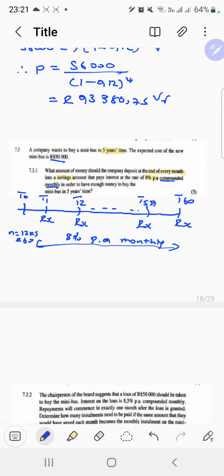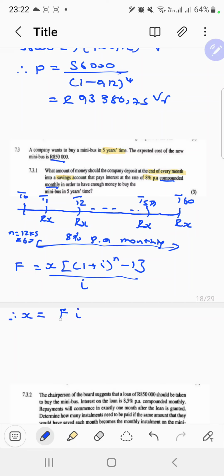So we want to know how much money. We know that the future value formula is x into 1 plus i to the exponent n minus 1, all over i. Therefore, x is going to be the future value multiplied by i over this expression here, 1 plus i to the exponent n minus 1.